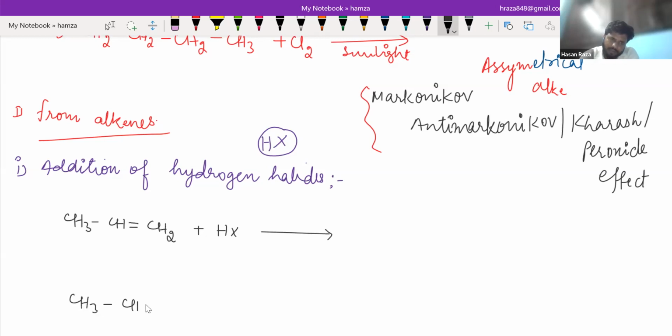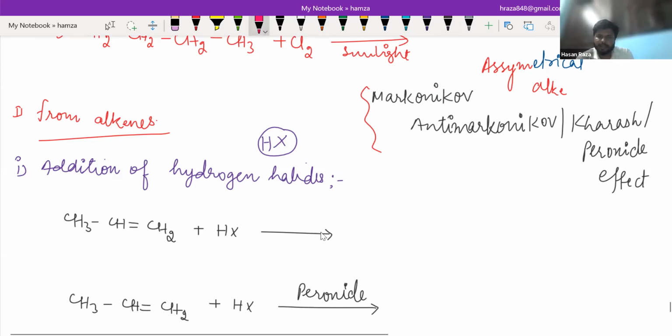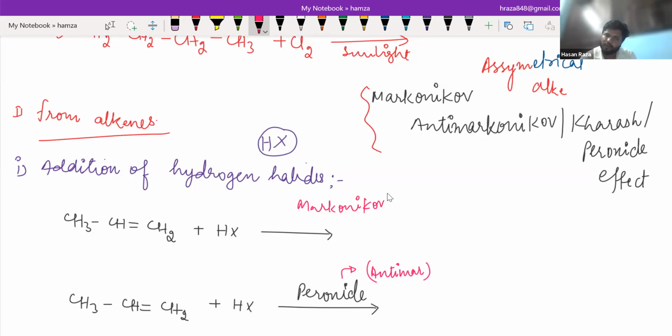And if CH3 CH double bond CH2 and there is HX, and on the arrow it is written something like peroxide, in the presence of peroxide, that means anti-Markovnikov. And whenever there is nothing written on the arrow, that means Markovnikov.